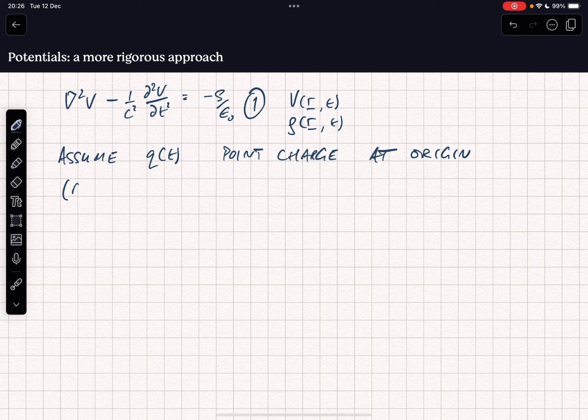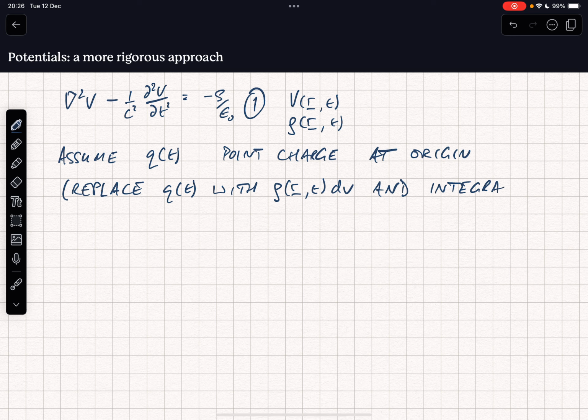And then we're going to replace q of t with rho of r and t dV and integrate. That's what we're going to be doing at the end.